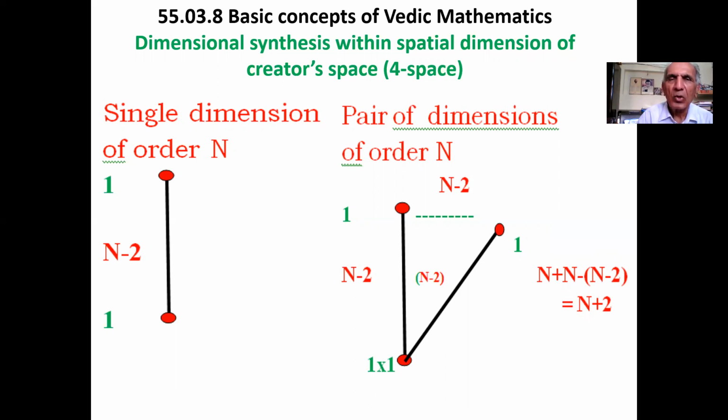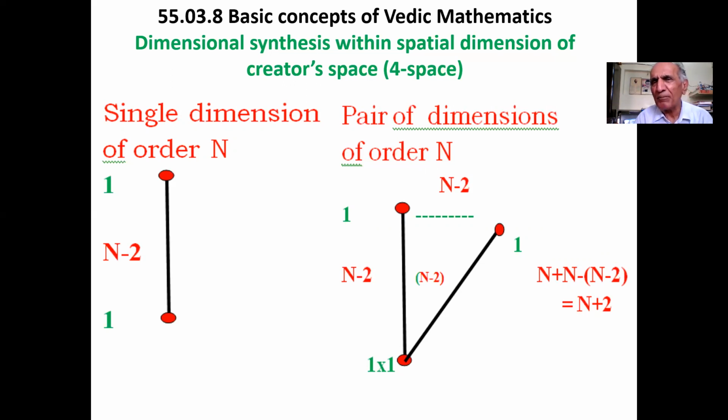So when we will be having a single dimension of order n, means we will be having n points standing coordinated. And these endpoints, with the pair of endpoints, will make the inner domain of n minus 2 value only.